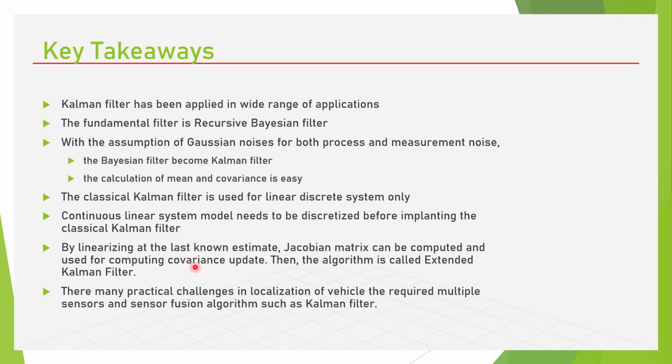So if the state equation is nonlinear, we can do the linearization to find the Jacobian matrix. And even if the output equation is a nonlinear function, we can do the same thing to get the matrix C, so that we can update the covariance matrix. And the algorithm is called the extended Kalman filter.